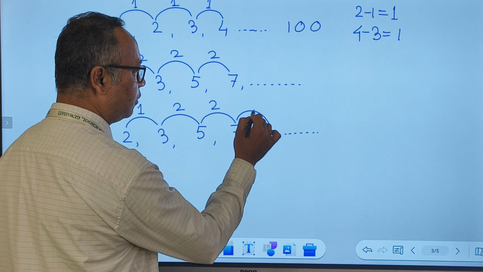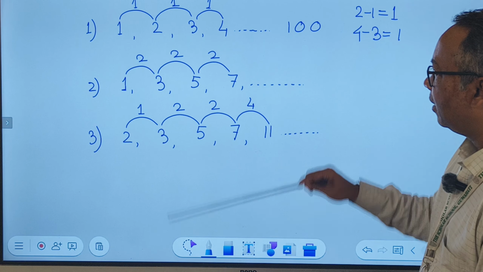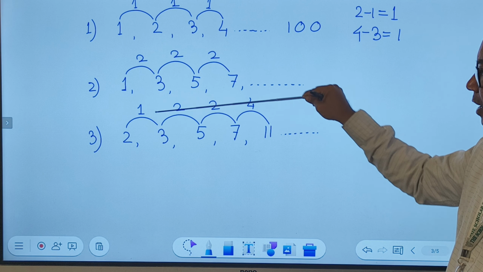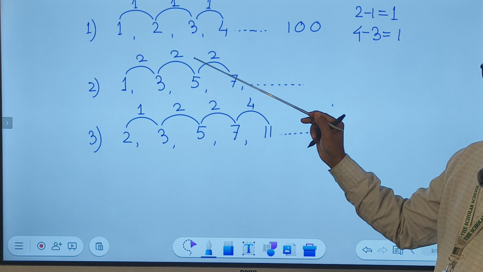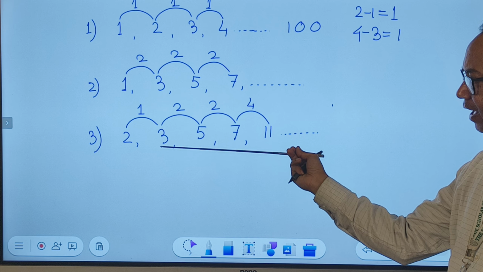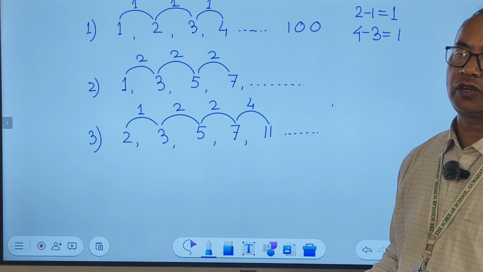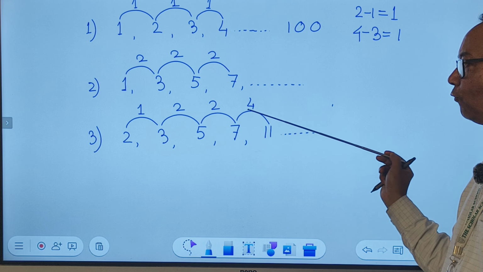And in this case, it is 4. So in this particular case, the difference is constant at 2. In this case also, the difference between two consecutive numbers is constant. But in this case, the difference between two consecutive numbers is not constant. See, in this case 1, in this case 2, 2, 4.